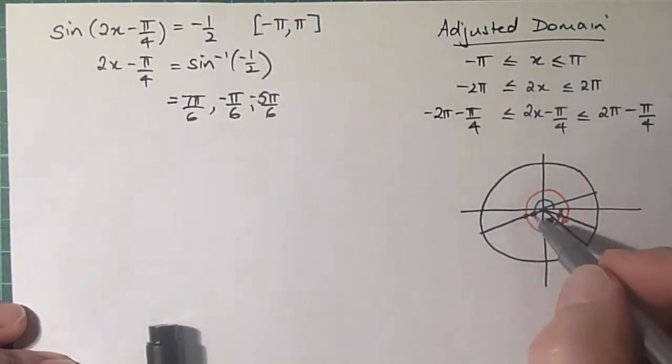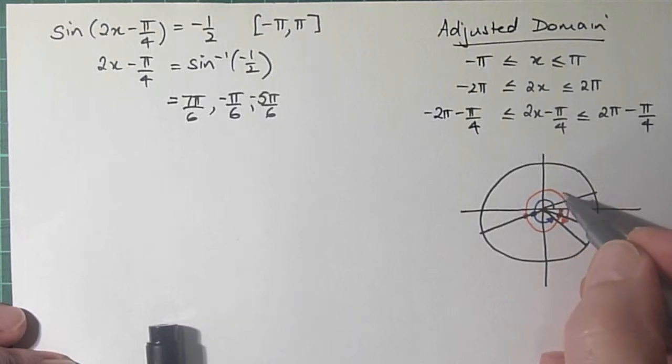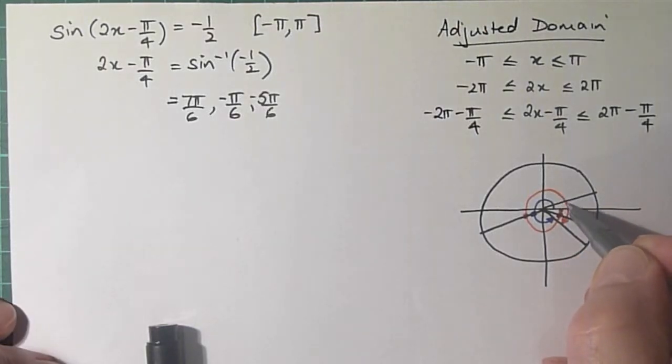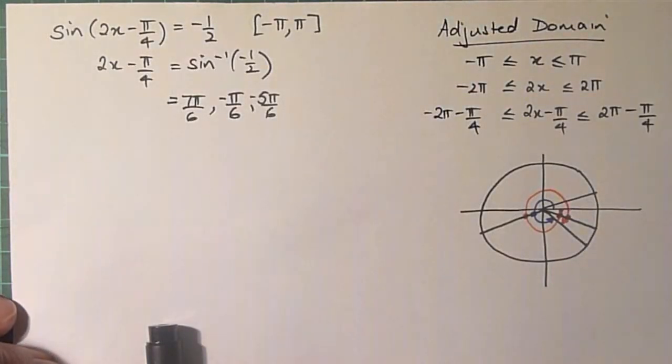So let's keep going around the unit circle. Remember we can't get this solution because that gives us a half. But we get around to here and that also gives us negative a half, and that is 0 all the way around to negative 2 pi and pi on 6.